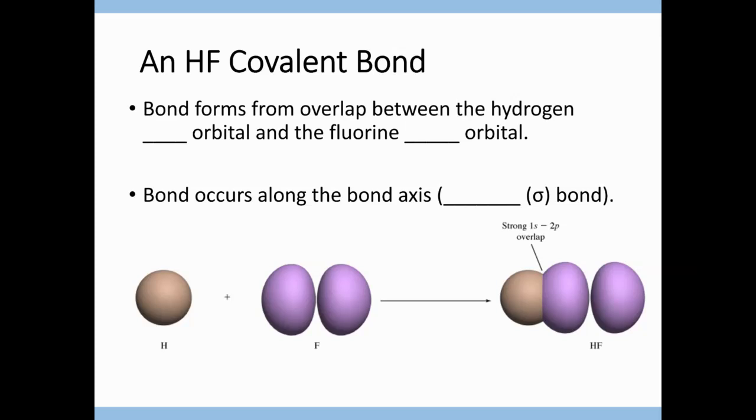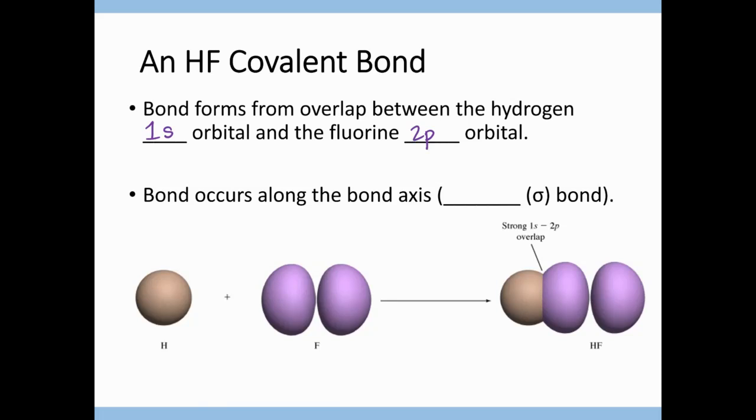If we're looking at a hydrogen fluoride covalent bond, this bond occurs from an overlap of the hydrogen valence shell, which is the 1s orbital, and the fluorine valence shell, which is a 2p orbital. That's what's shown here.